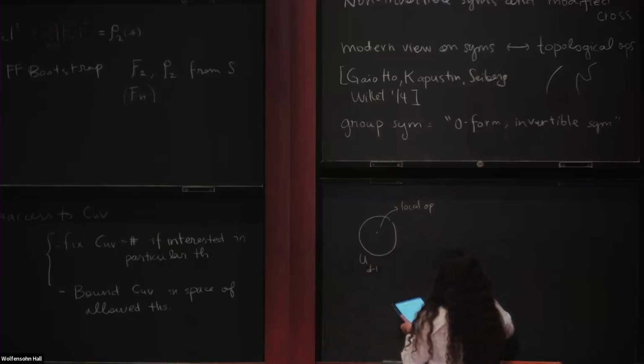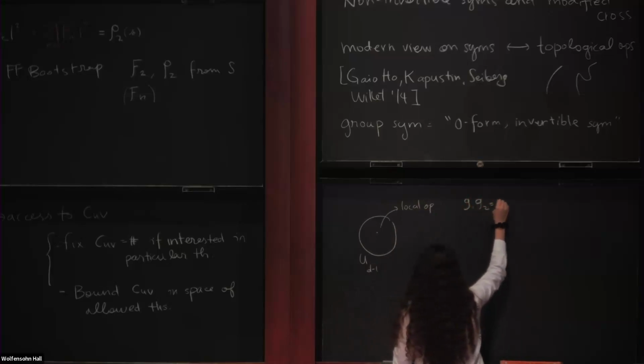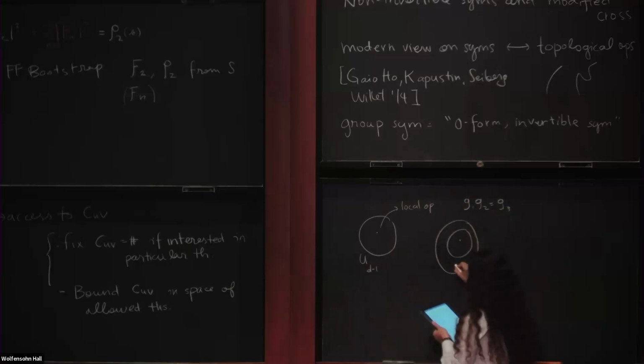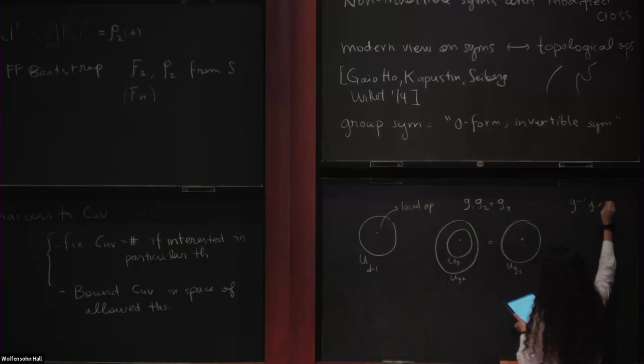Of course, you have this group multiplication. It tells you that having two different operators, you can fuse them to get a third one. And you should also have an inverse for each element.